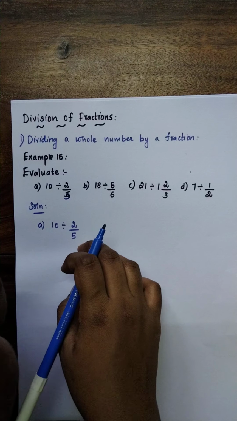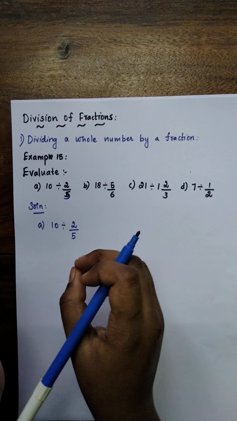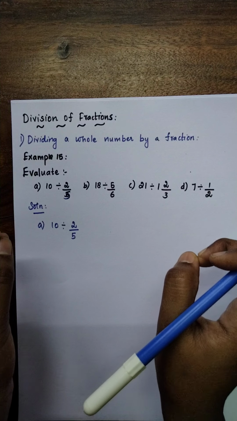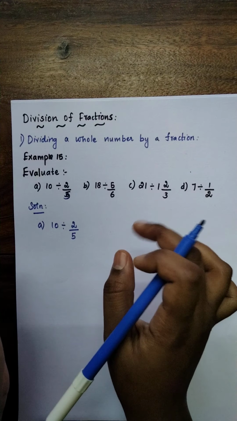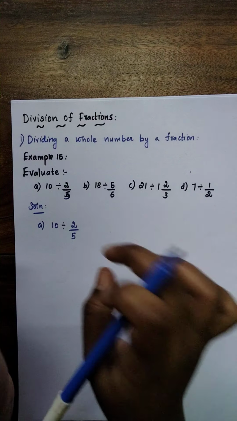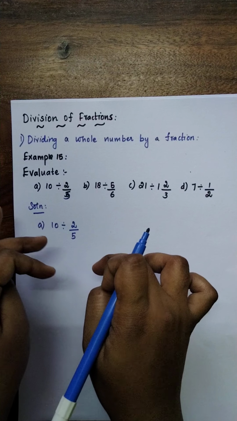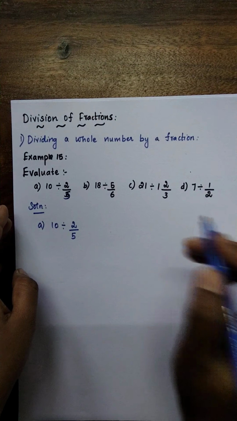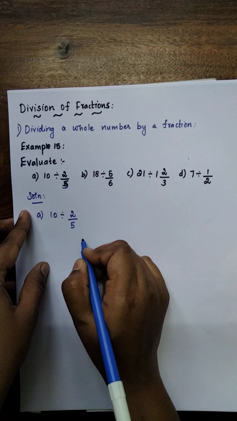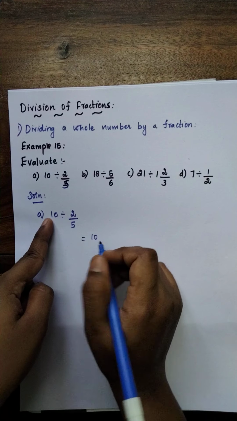Remember that to divide a whole number by a fraction, we multiply the whole number by the reciprocal of the fraction. Listen carefully. First write the whole number 10. We can write 10 as 10 by 1.